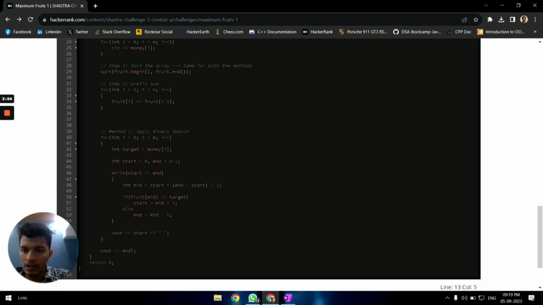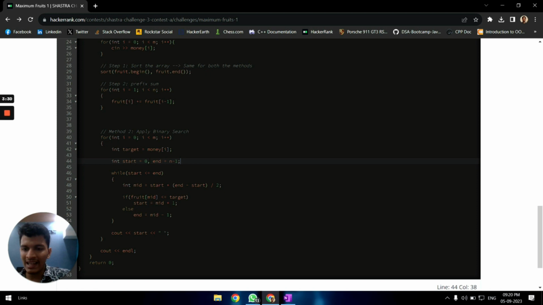It has two pointers, the start pointer that starts from 0 and the end pointer that starts from size minus 1, that is n minus 1. The while loop considers that start is smaller than or equal to end. This is the algorithm of binary search.